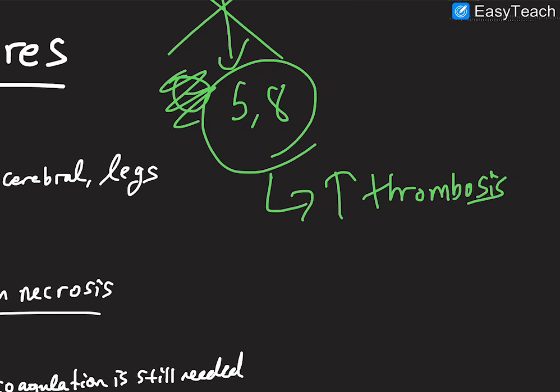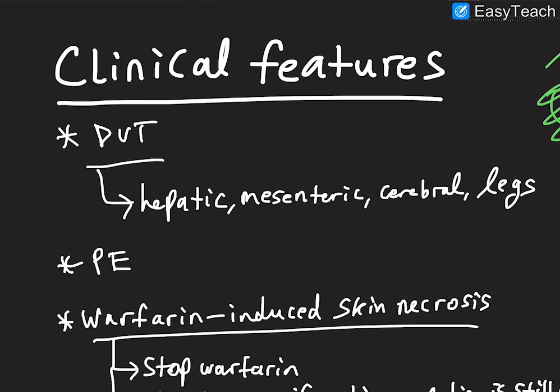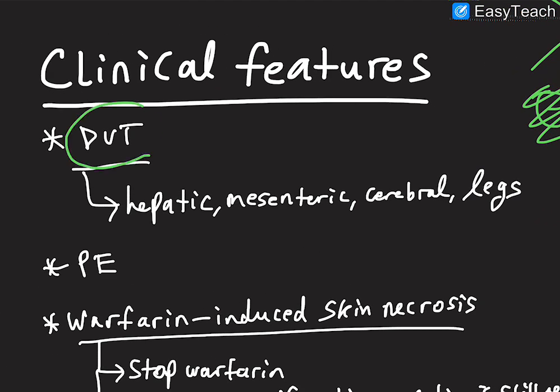But where though? This is mostly seen as venous thromboses. Due to protein C deficiency, you can get increased deep vein thromboses. You can get clots in your hepatic vein, your cerebral veins, your legs.